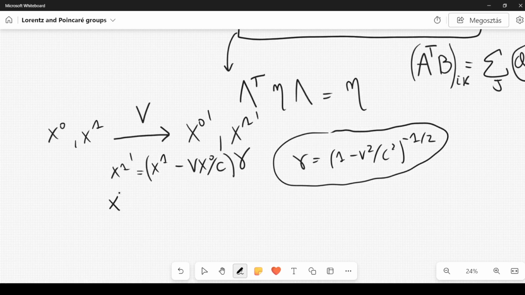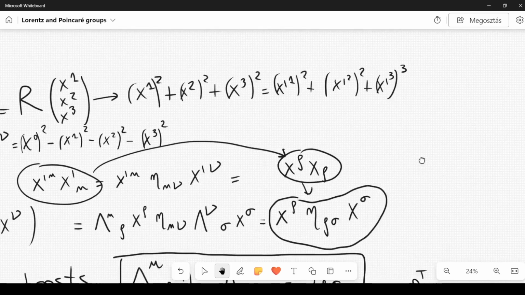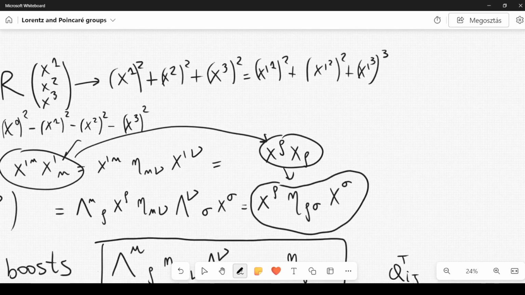And we have something similar for x0 prime, which is given by x0 minus vx1 divided by c times gamma. You can define such a transformation. You can show that with such a transformation, this invariant quantity indeed remains invariant. So this inner product, this is an inner product in the Minkowski space, it remains invariant.